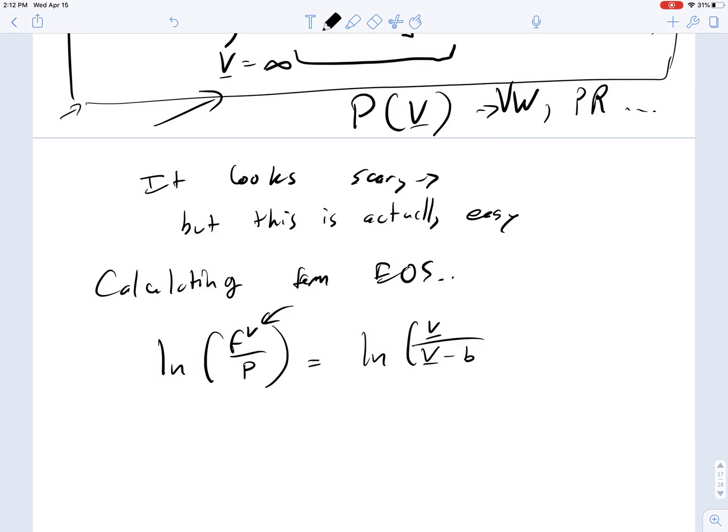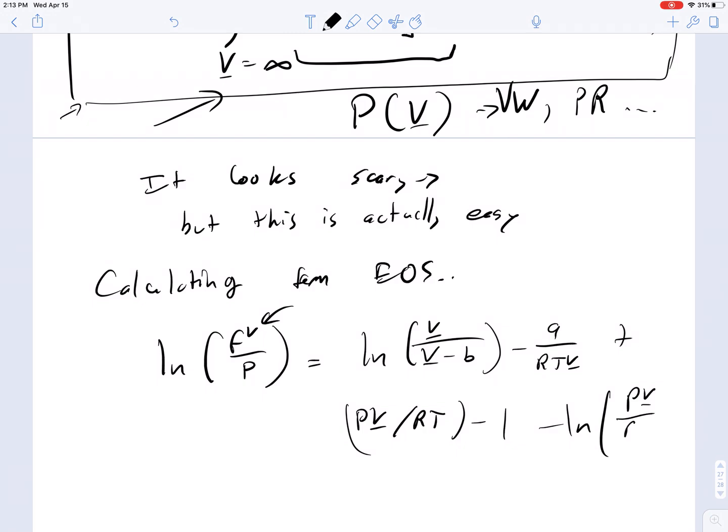This becomes log of V over V under bar minus B, minus A over RT V under bar, plus PV over RT minus 1, minus ln of PV over RT.